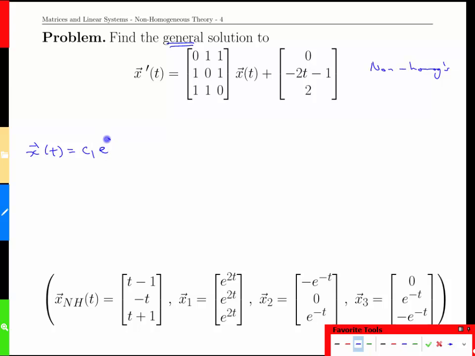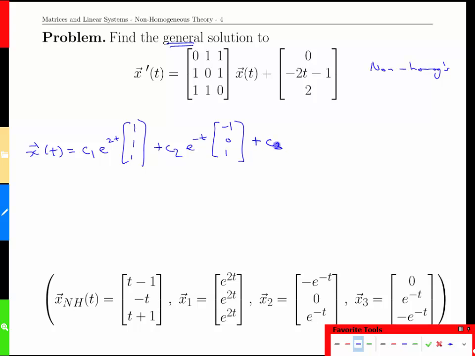I'm going to write this out in the way that's sort of assumed, which is a function times a vector. We also found a second solution to the corresponding homogeneous case. So we'll have C2 times it. All these are e to the negative t, so we'll put that out front. And then we had a negative 1, 0, 1 vector.